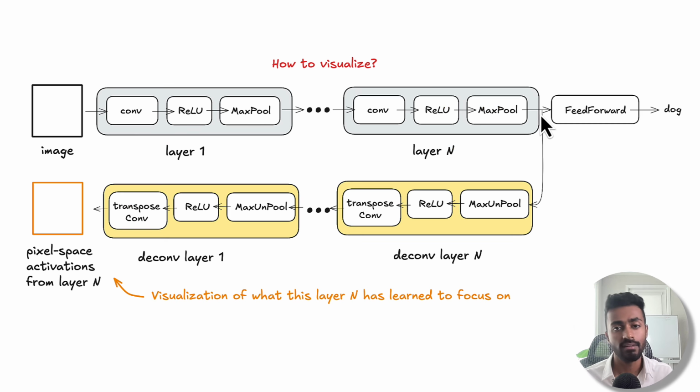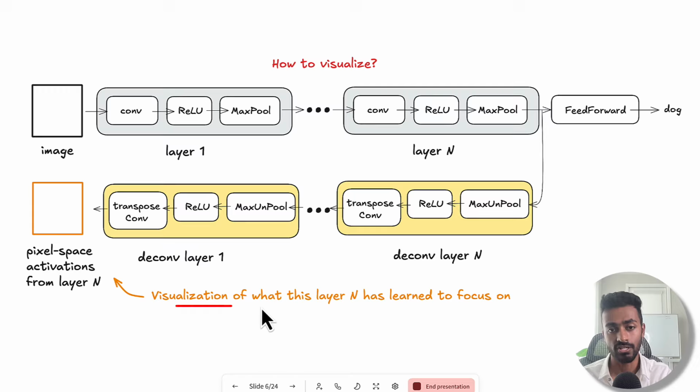And so to get around this, if we wanted to visualize, let's say, the output of this layer n, we could perform an unpooling, ReLU activation, and transpose convolution in series until we get pixel space activations from layer n. And this pixel space activation is going to visualize what layer n has learned to focus on.